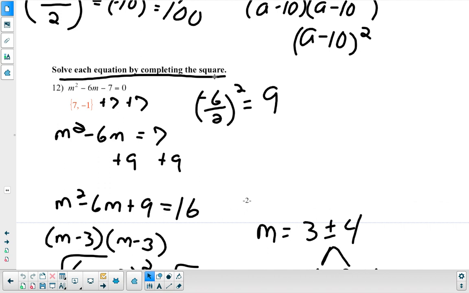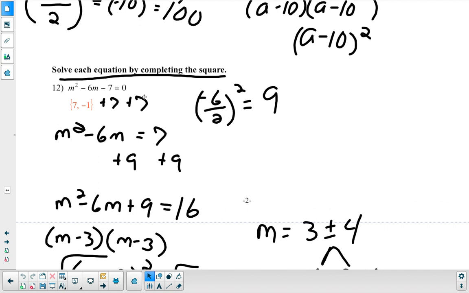So you have to do it that method. When you do it that method, typically this number would not work for the problem because typically it would not be factorable and you would have to move this over to the other side. I know that is not true for this problem, but I did that on purpose so you can have nice numbers. But let's go ahead and do our completing the square method.